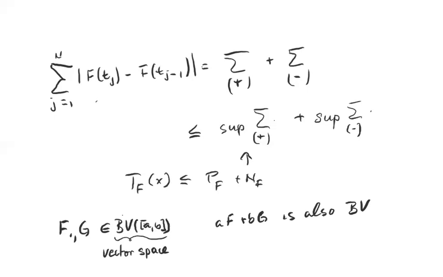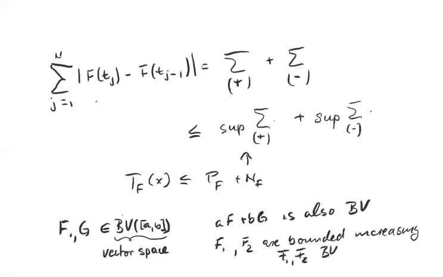And so the first sentence is, if F1 and F2 are bounded and increasing, then F1 and F2 are both of bounded variation.